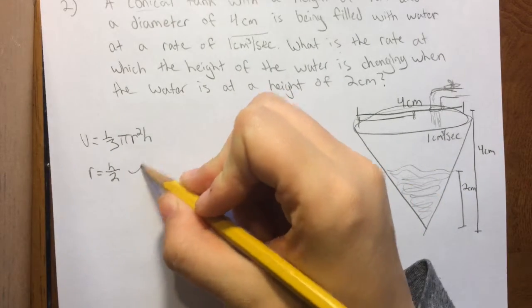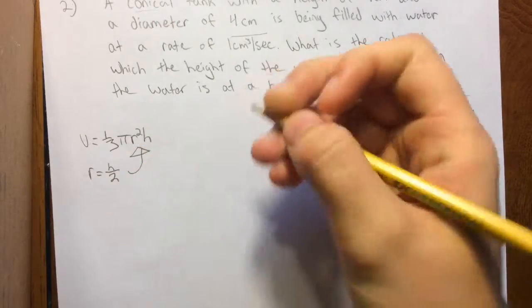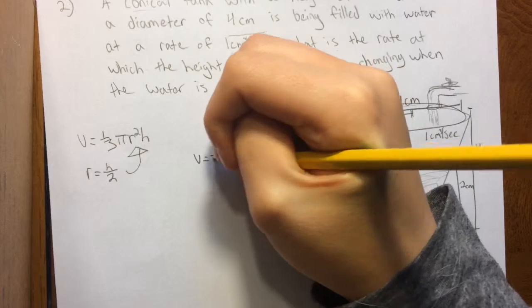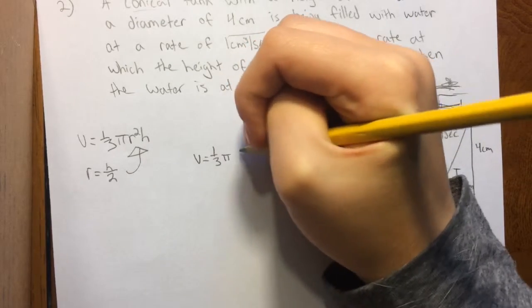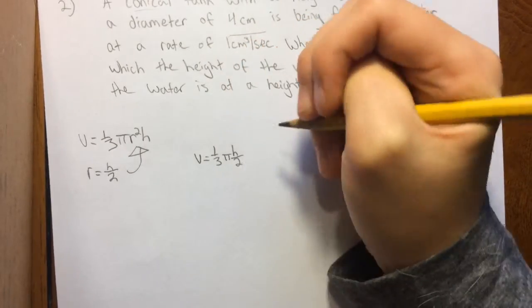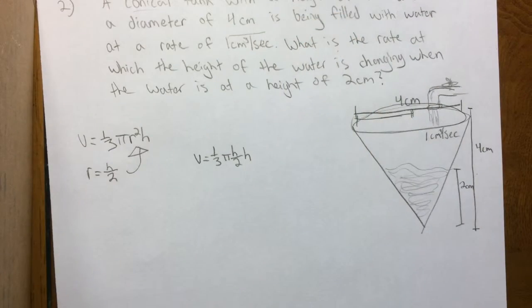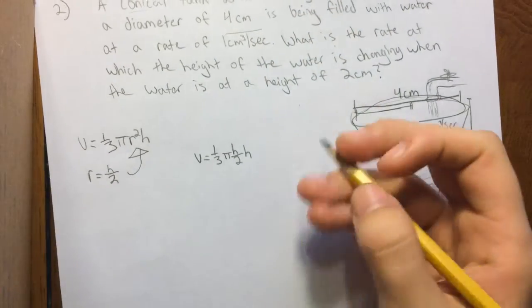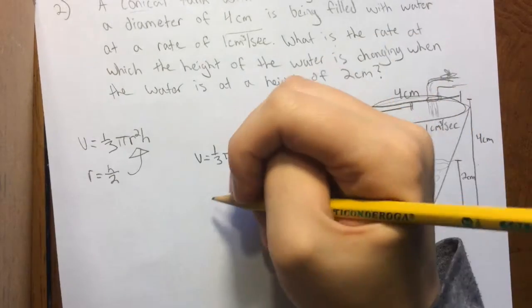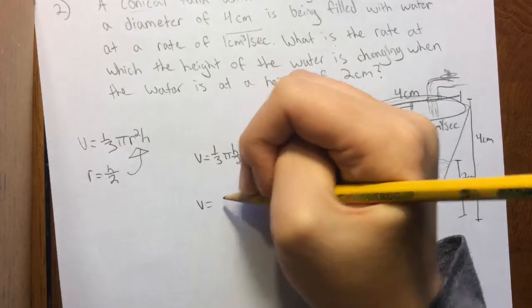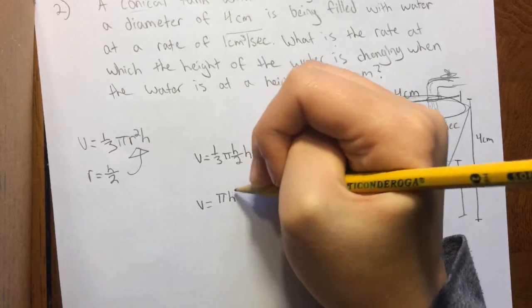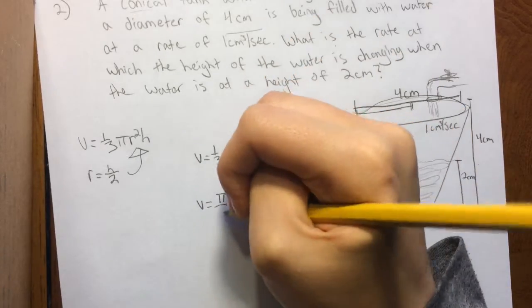Now let's put that in the original equation: V equals 1/3 pi times half the height times h squared. When we simplify this, we get V equals pi times h cubed over 12.